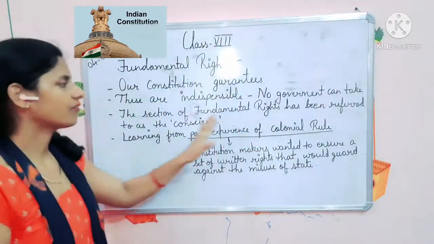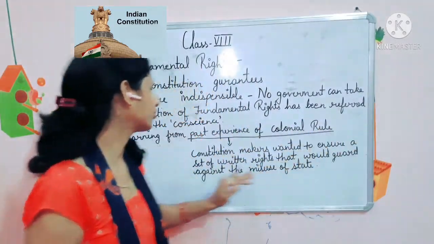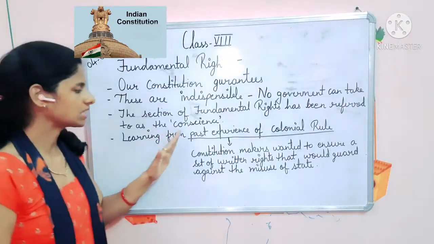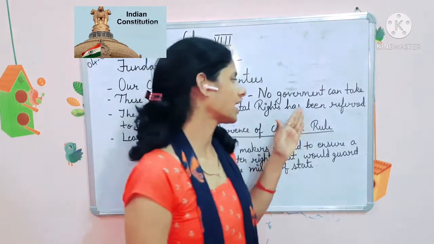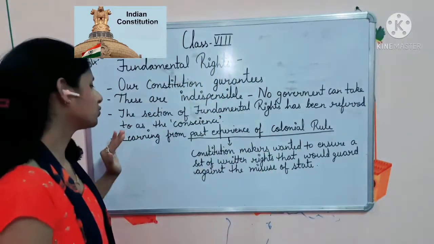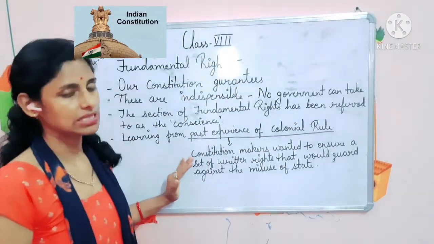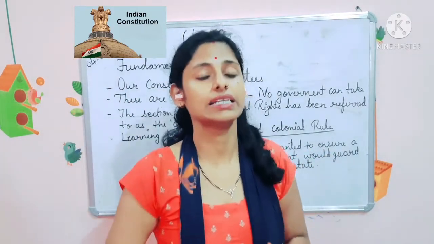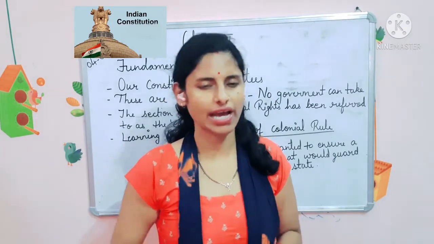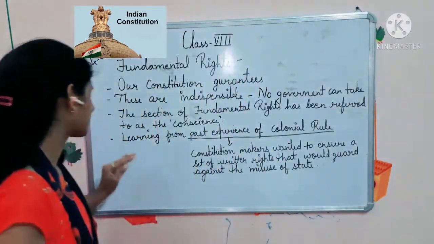The section on fundamental rights has often been referred to as the conscience, which is the part of the mind that tells us what is right and what is wrong.